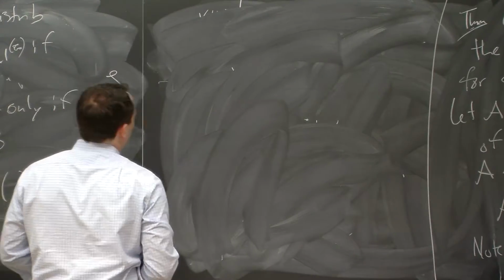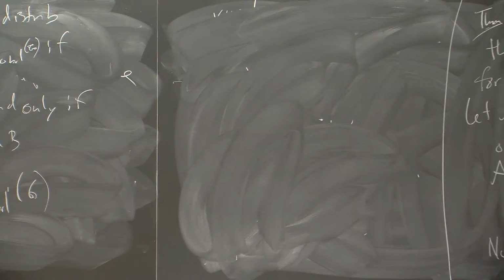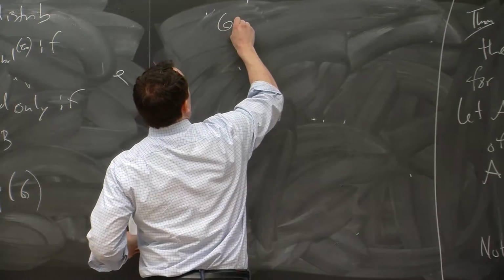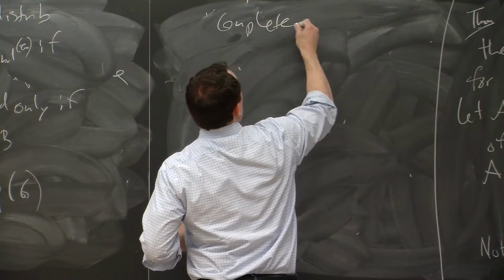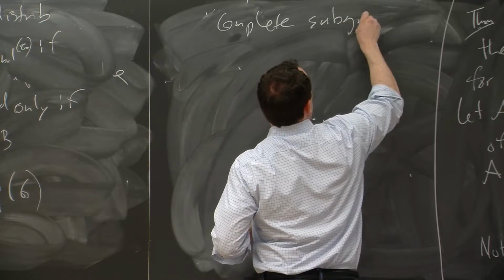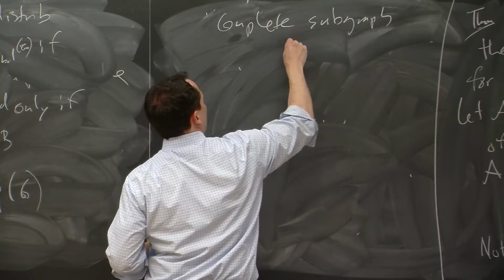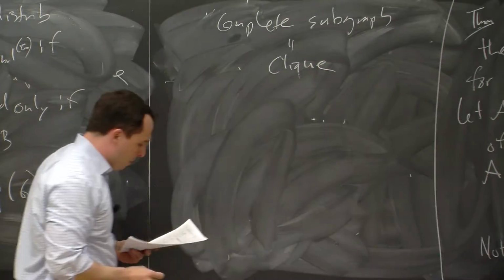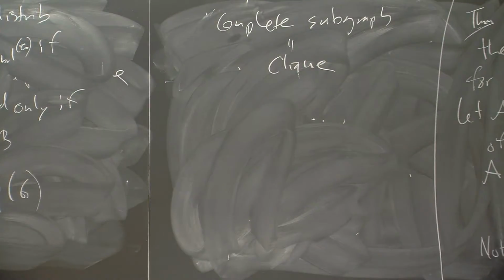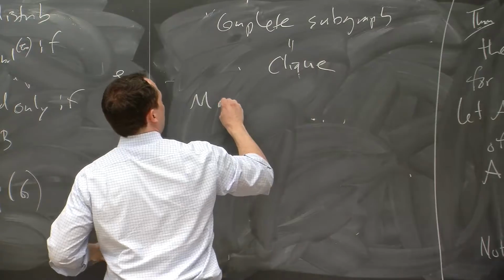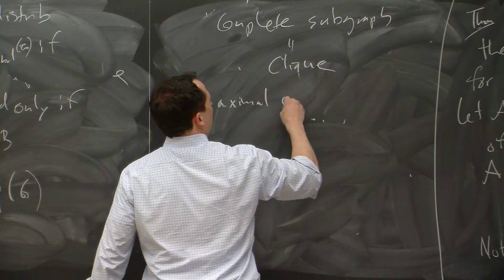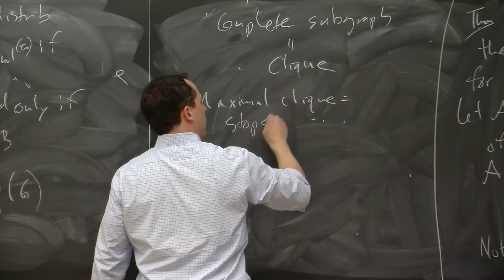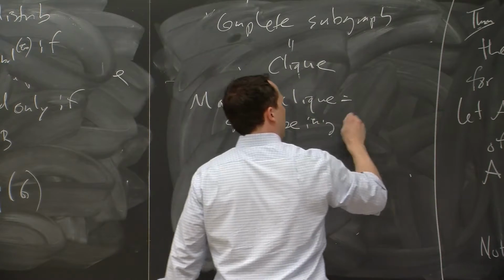Okay, so let me talk about how that relates to the parameters or the parameterization. I said it was all about complete subgraphs. A complete subgraph of a graph G is called a clique. And a maximal clique is one that stops being complete if I add another variable.